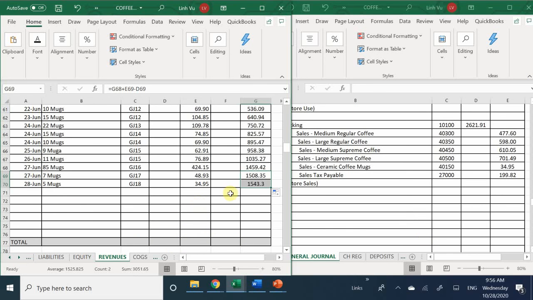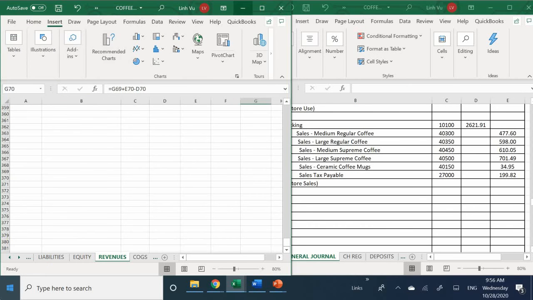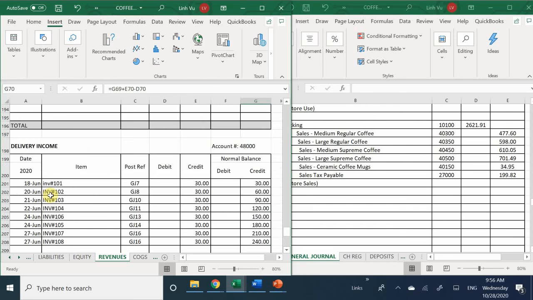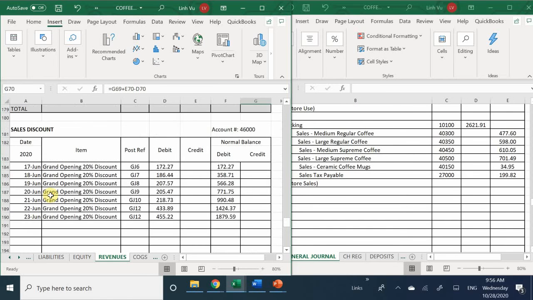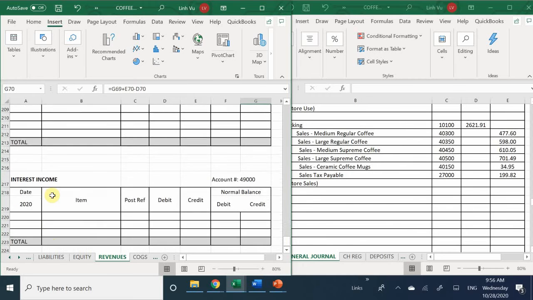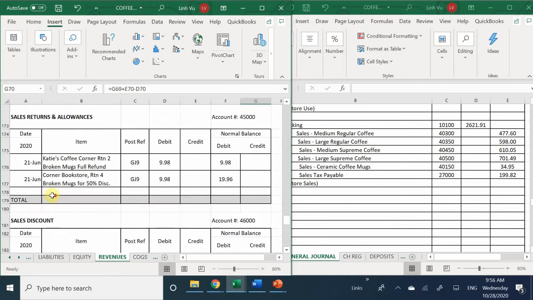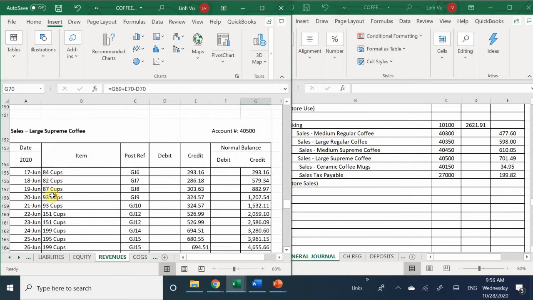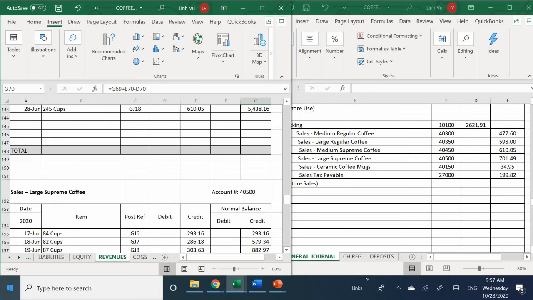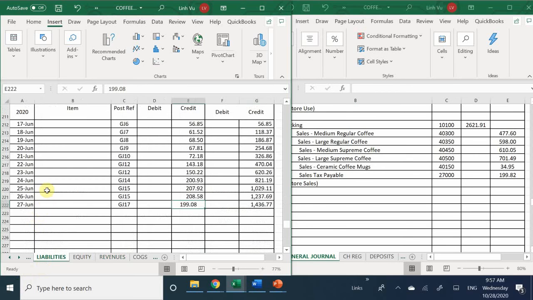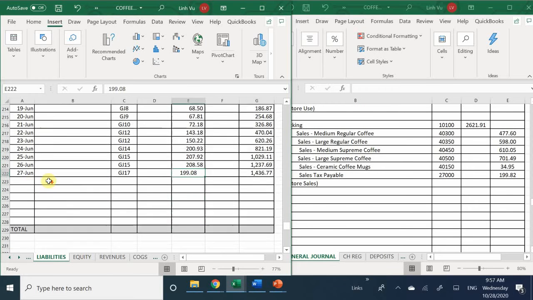And then we have to go to our liabilities. Go to sales tax payable. Oh, I'm already there. I scrolled too far. Okay, liabilities, sales tax payable.